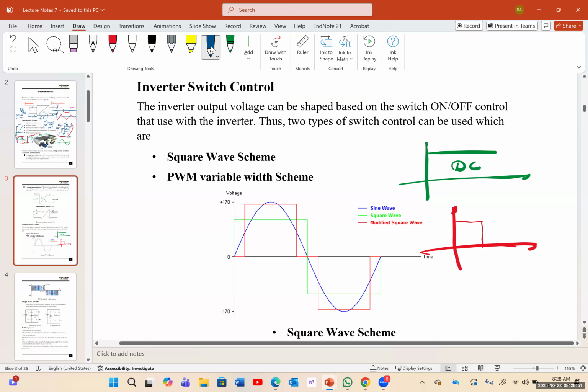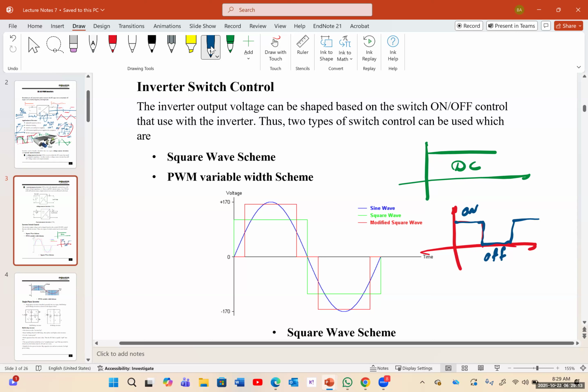Let me draw it with blue. So this is the switch on, the switch off. And we can create a square signal, and we can have 4 switches to actually have positive and negative. But here I just want to put it between 0 and positive.